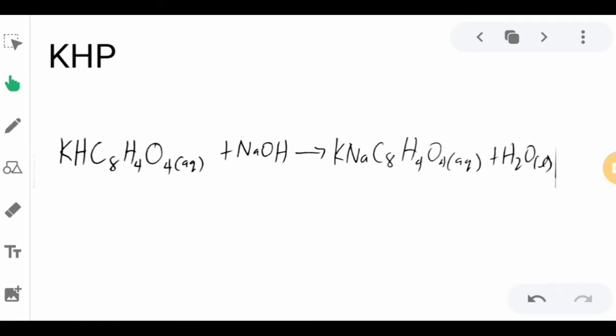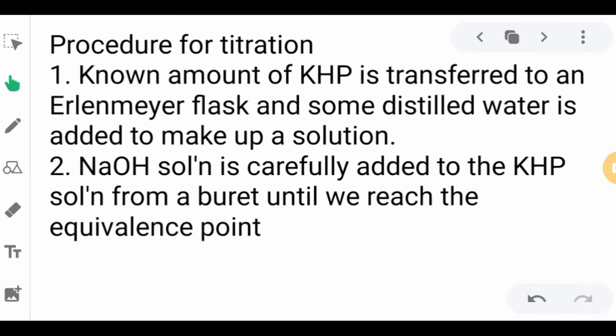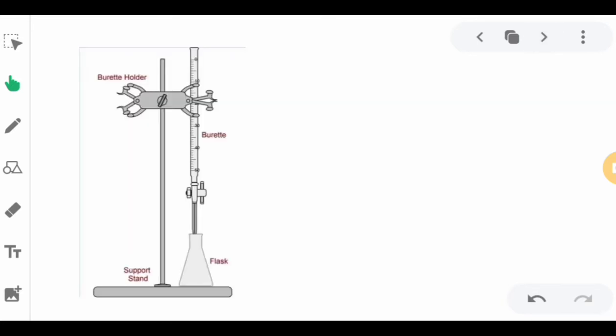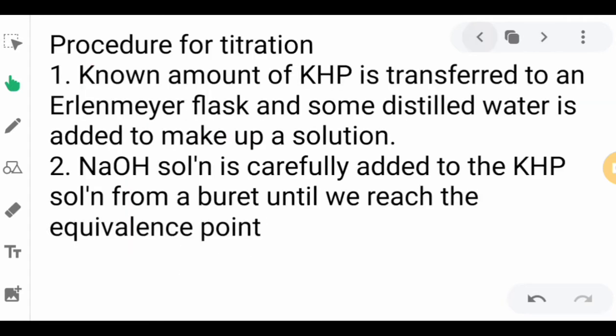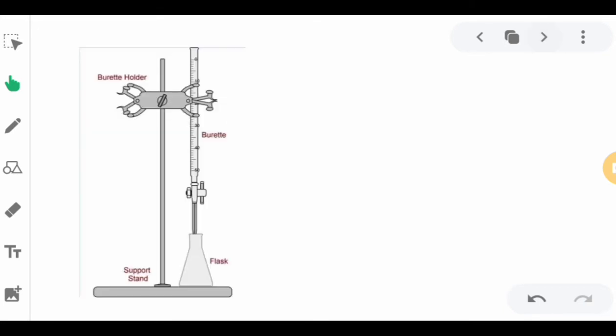The procedure for titration can be illustrated in this picture. The first thing you need to do is transfer a known amount of KHP, or potassium hydrogen phthalate, to an Erlenmeyer flask, and add some distilled water to make up a solution. The amount depends on your teacher.